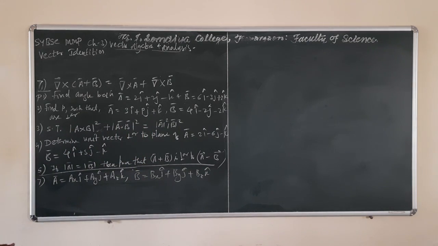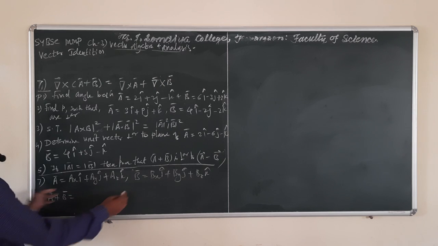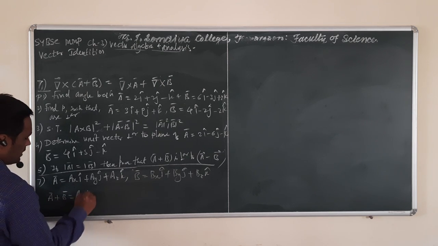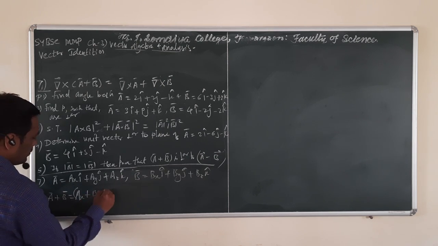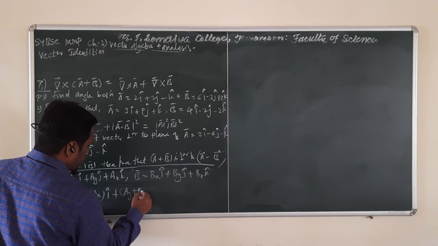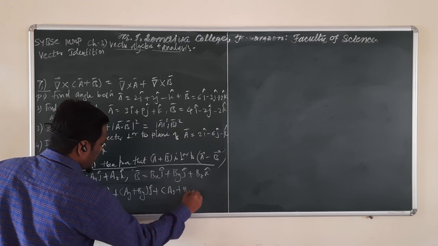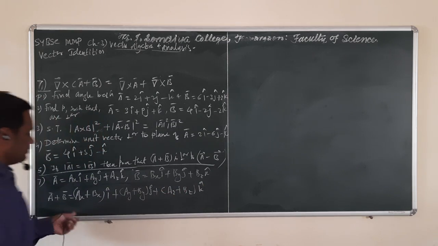So vector A plus B is Ax plus Bx i cap, plus Ay plus By j cap, plus Az plus Bz k cap.